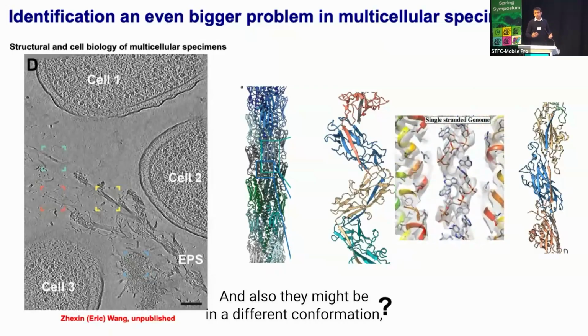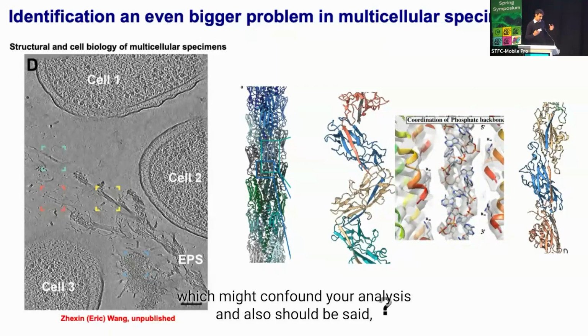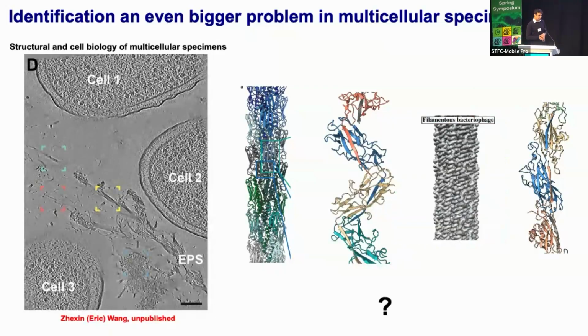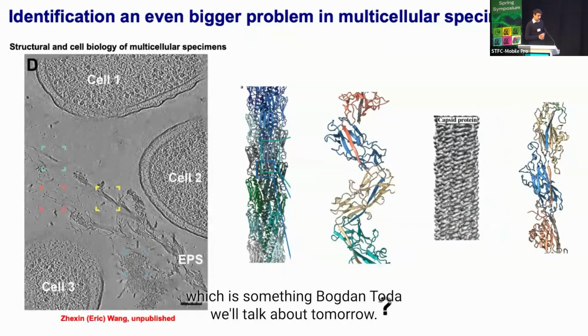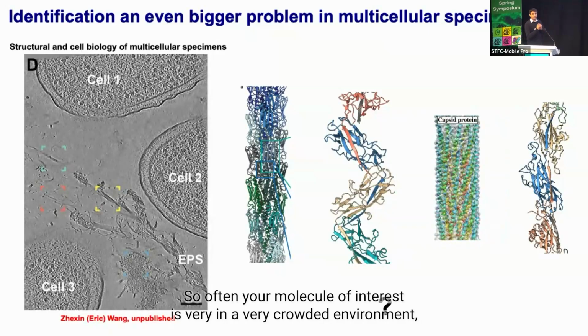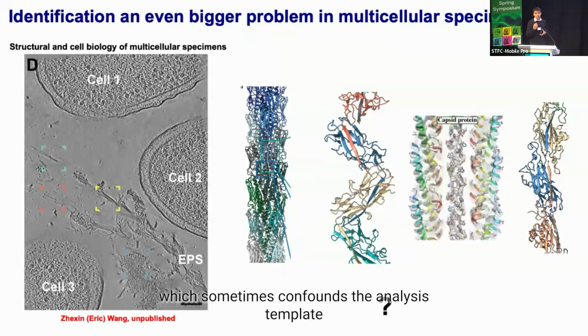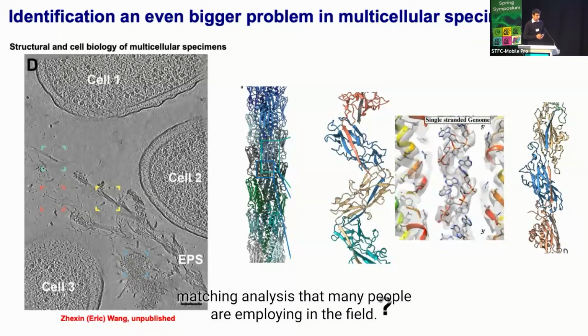And also they might be in a different conformation, which might confound your analysis. And also, which is something Bogdan Todor will talk about tomorrow, there's a crowding problem. So often your molecule of interest is in a very crowded environment, which sometimes confounds the template matching analysis that many people are employing in the field.